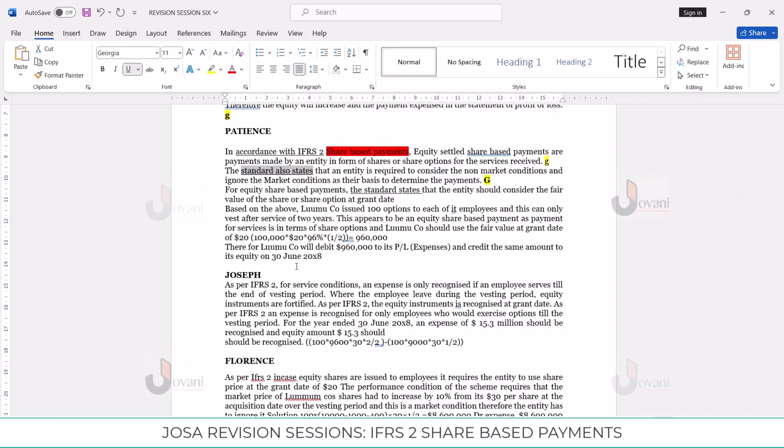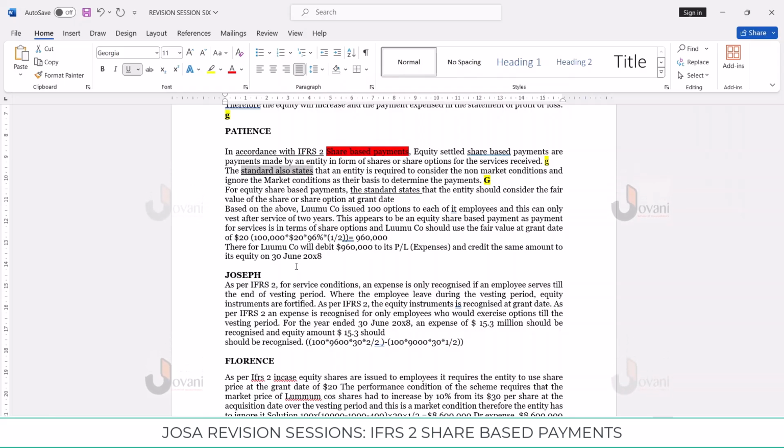But I know with practice, you know that these are called equity instruments. "Based on the above, Rumco issued 100 shares to each of its employees, and this can only vest after... This appears to be an equity share-based payment as payment for service in terms of share options, and Rumco should use the fair value at grant date."